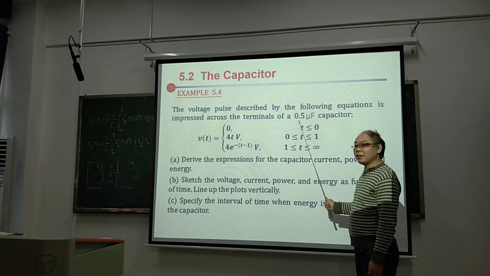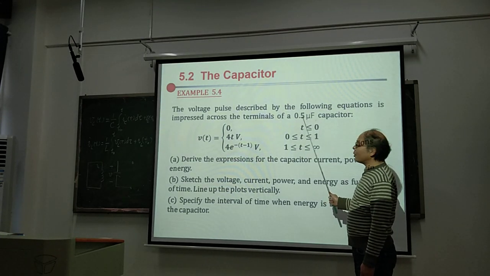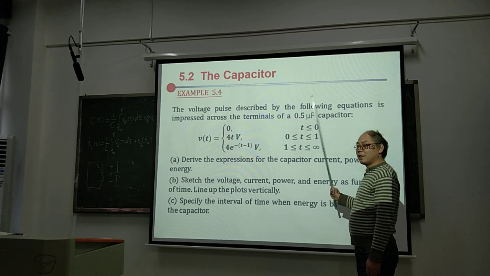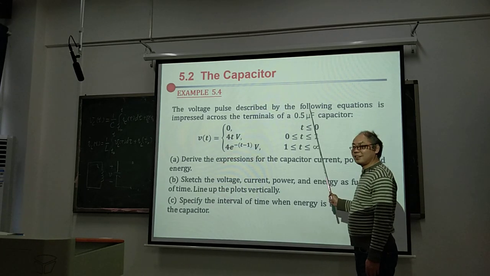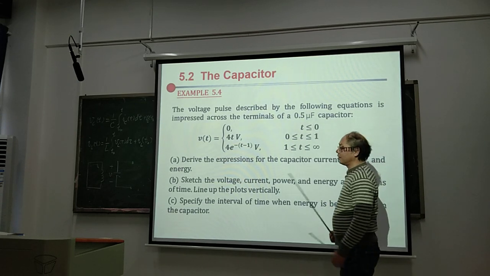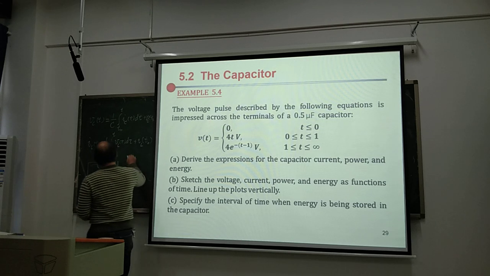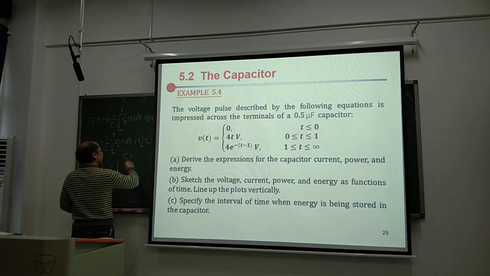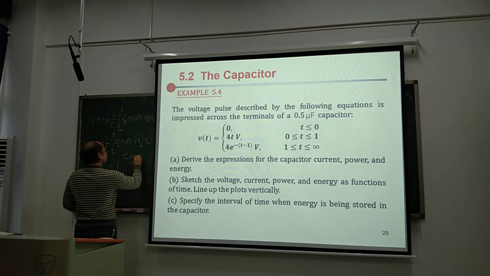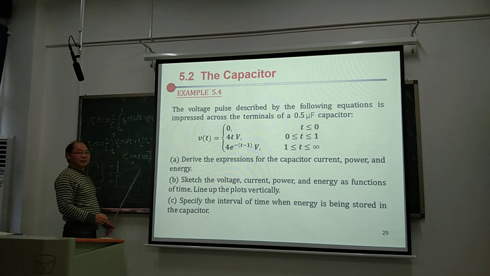So C equals 0.5 times 10 to the power of minus 6. Right.